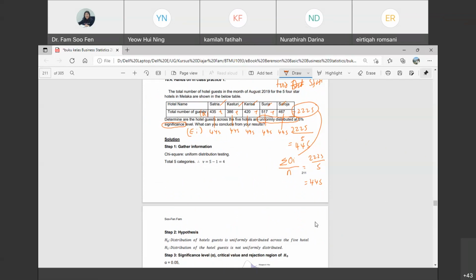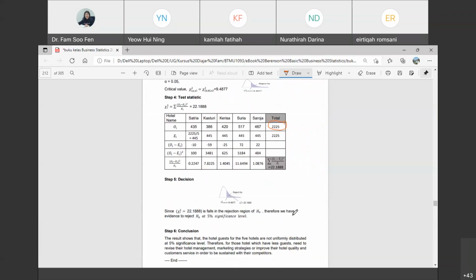So when we come here, you see that this is the EI, which gets 445. This one I put in a horizontal presentation. If you don't want, you can also draw your own.